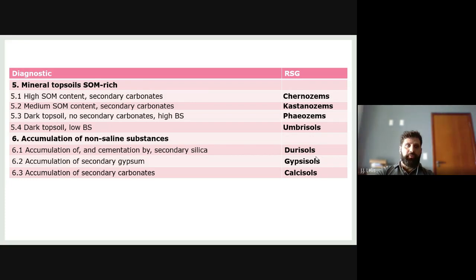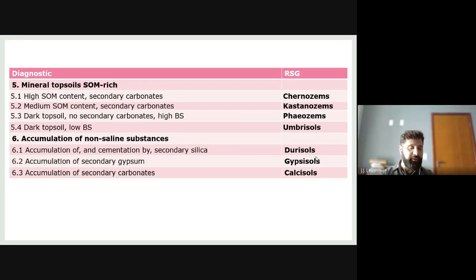We also can find some soils that are related to a mineral topsoil, a mineral surface horizon. It is a surface horizon that's not organic.